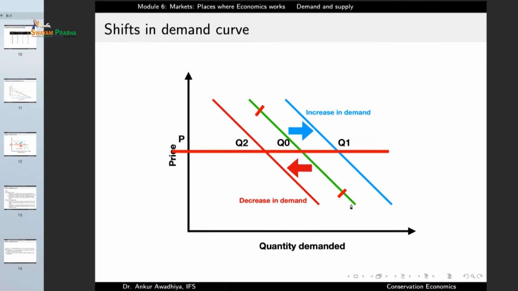Now, in the case of this green curve, if the price has increased, we are moving from this point to this point, and the quantity that is demanded decreases. So the quantity demanded here is more and the quantity demanded at this point is less. This is known as a movement along the demand curve. But when the demand curve itself shifts, then we say that there is a shift in the demand curve.